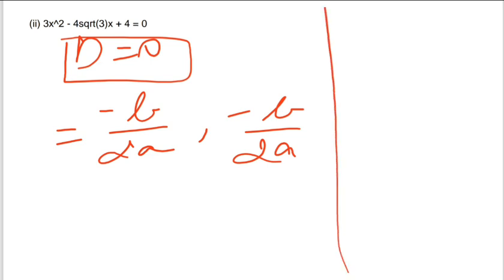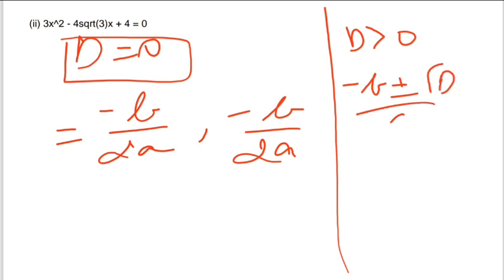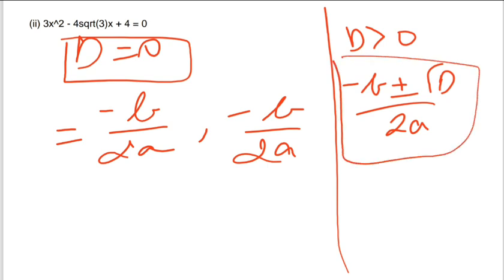If d is greater than 0, we will be using this formula: minus b plus or minus root d, that is root discriminant, by 2a. If d is equal to 0, we will be using this formula: minus b by 2a and minus b by 2a.